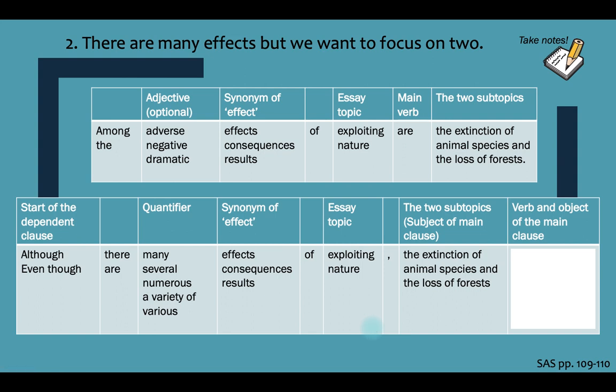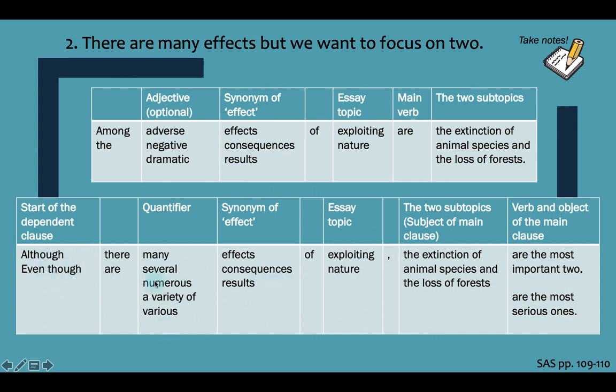The extinction of animal species and the loss of forests are the most important two, are the most serious ones. So this is the main part of the sentence, and this is the dependent clause.